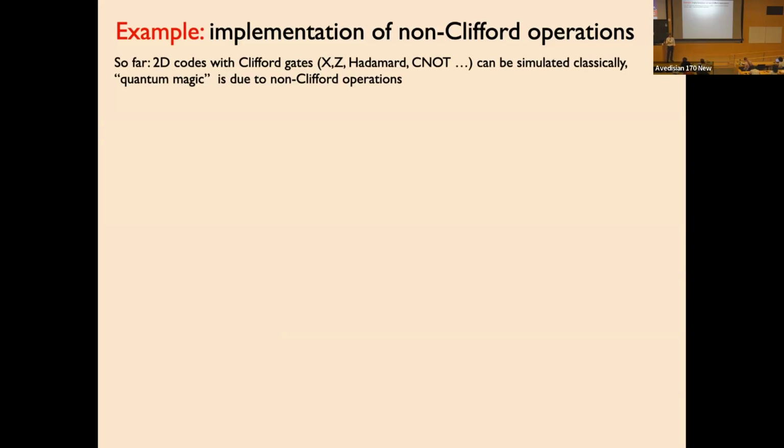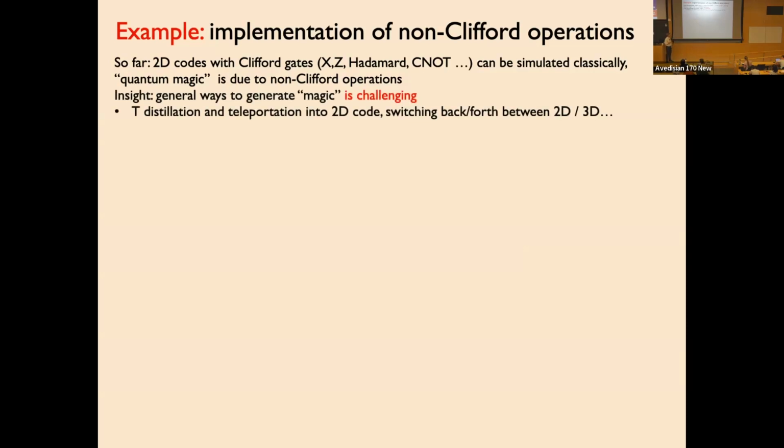I think maybe Robert will talk about the importance of quantum magic in his lectures. Quantum magic is just a fancy term for non-Clifford operations. But it is actually challenging to implement this with logical qubits. In fact, in 2D, we cannot implement transversal non-Clifford operations. That's why you perhaps need to do this kind of magic state injection, and so on.